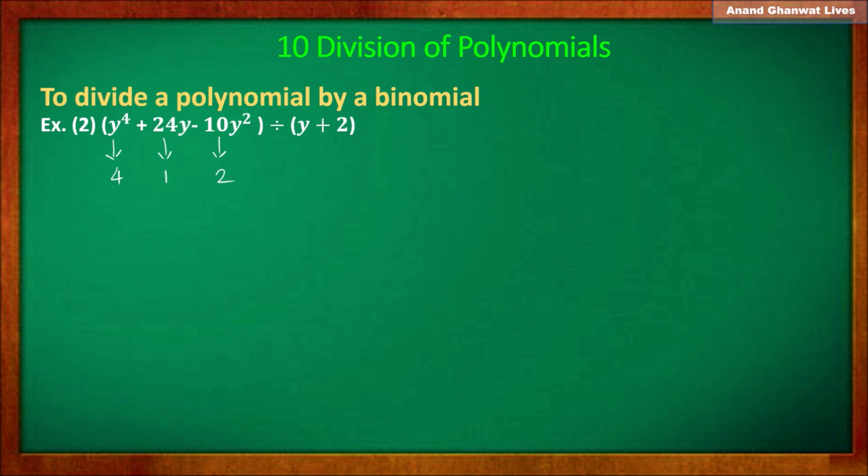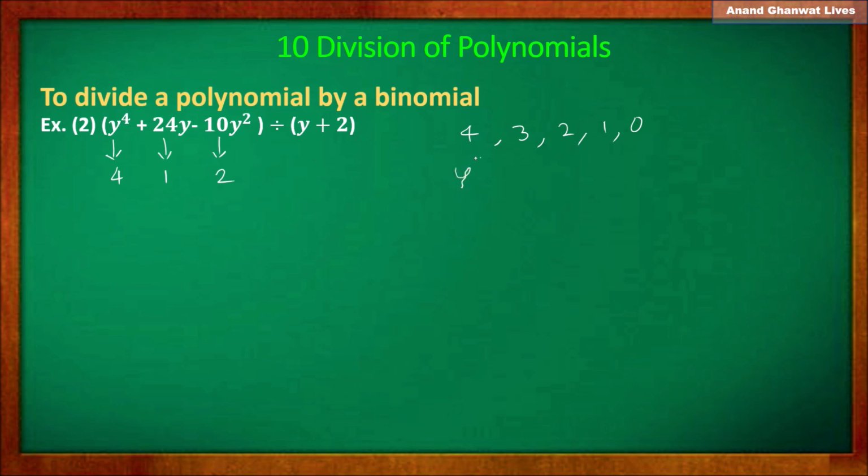Now you observe here that the terms are not according to the decreasing order of indices. Therefore they should be in the order of 4, 3, 2, 1, and 0. So let us arrange the terms in the given polynomial according to 4, 3, 2, 1, 0 as indices.